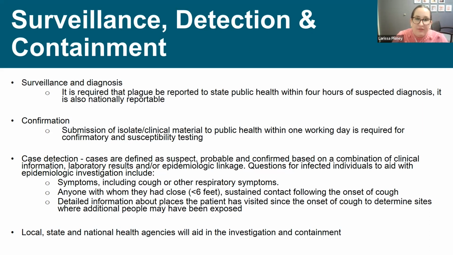Questions that an infected individual may be asked to aid with epidemiologic investigation include symptoms such as cough or respiratory symptoms and the timing of those, anyone with whom they had close contact, so again, less than that 6 feet for a sustained period of time following their development of cough, and then detailed information about the places that person visited after the onset of their cough to help determine what additional individuals may have been exposed. And then local, state, and national health agencies will aid in the investigation and containment.